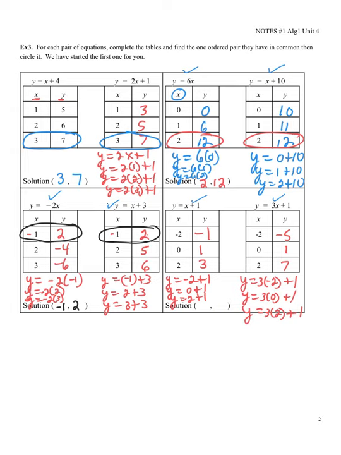And then we look where they are the same. So if you look at this, 0, 1, and 0, 1. So the solution is 0, 1. And if I were to graph these 2 lines in Desmos, they would intersect at 0, 1.